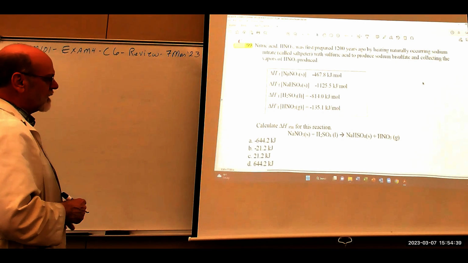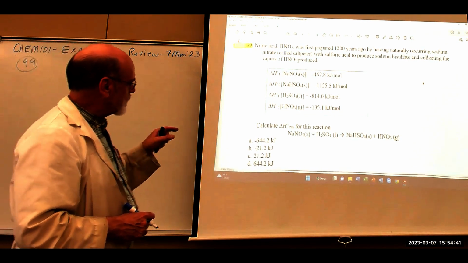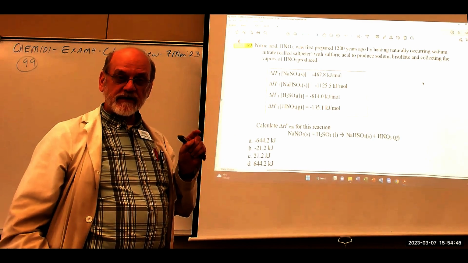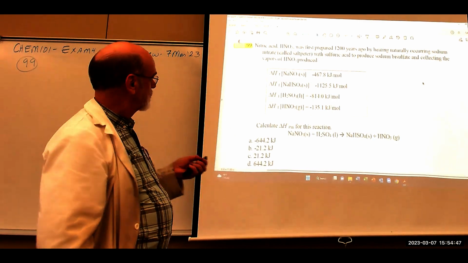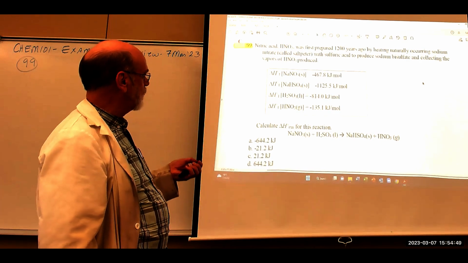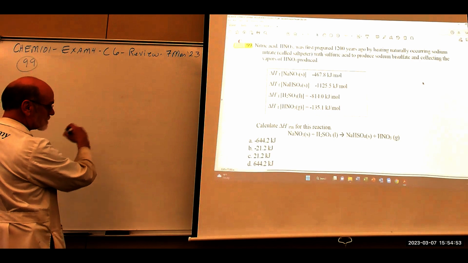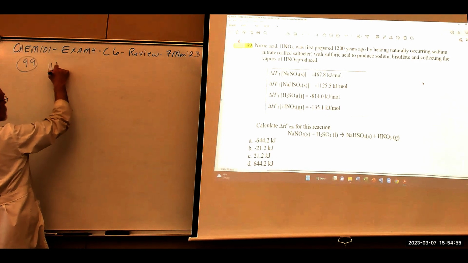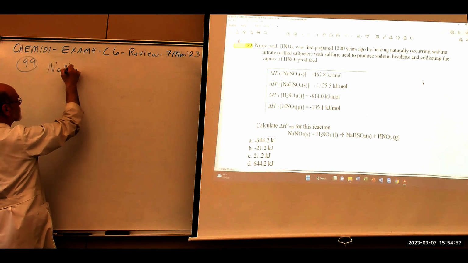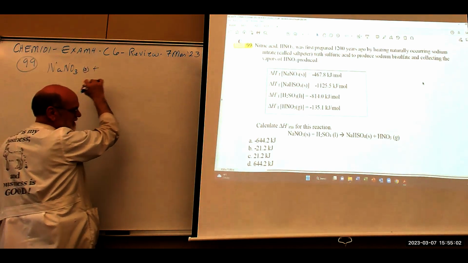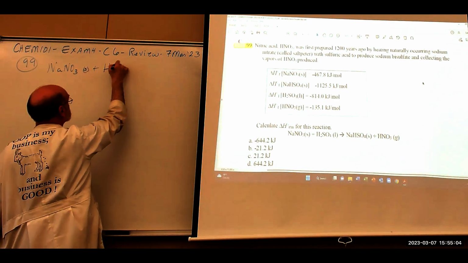Okay. So to calculate the standard enthalpy for this reaction, we can use the heats of formation right here. So for this reaction, I'm going to write it up here. Sodium nitrate, solid, heated with sulfuric acid.